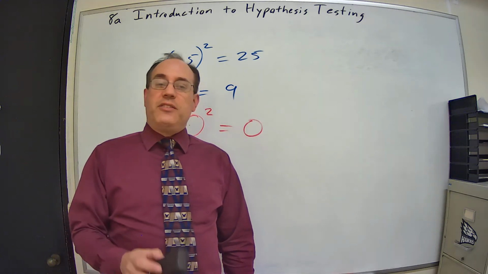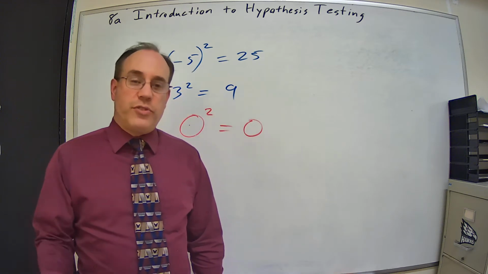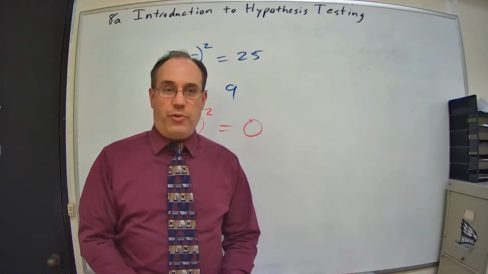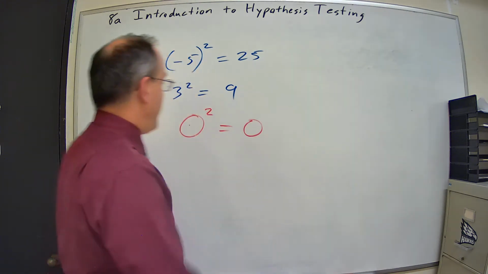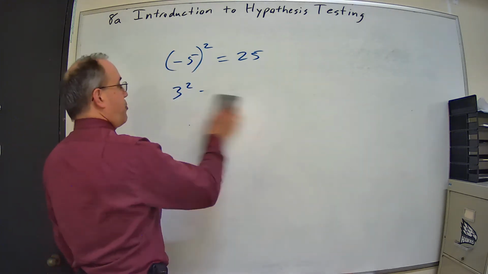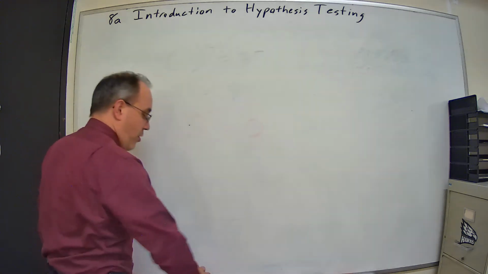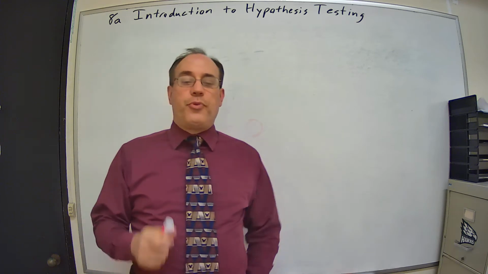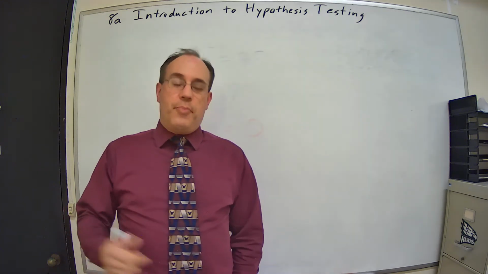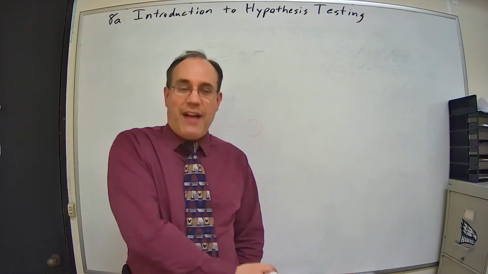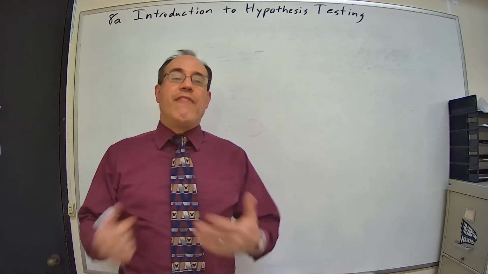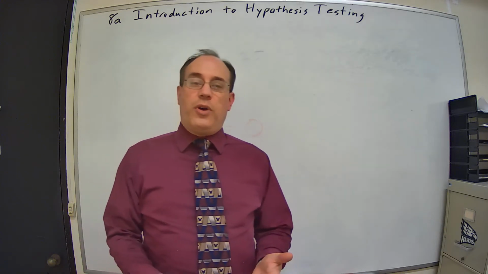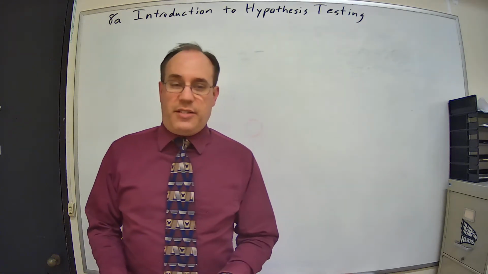But it's very easy to prove a general statement false, because all I need to do is find one time where it's not true. And that's what I did here. It's very hard to prove a general statement true, because you have to prove that it's true every single time.